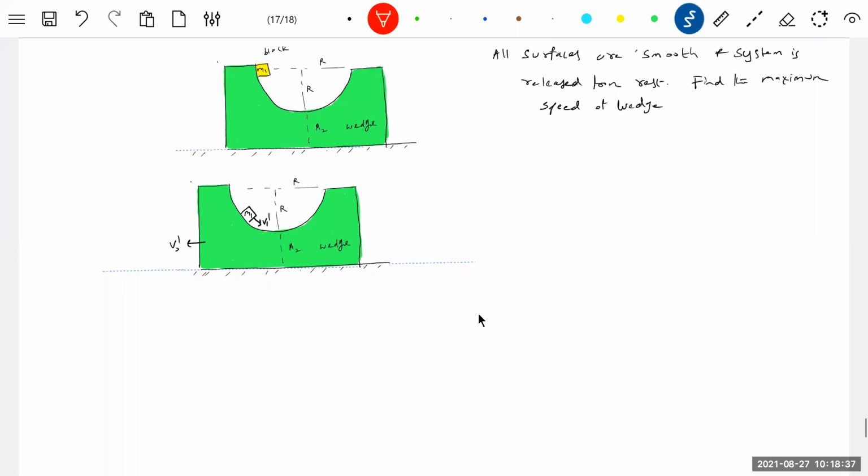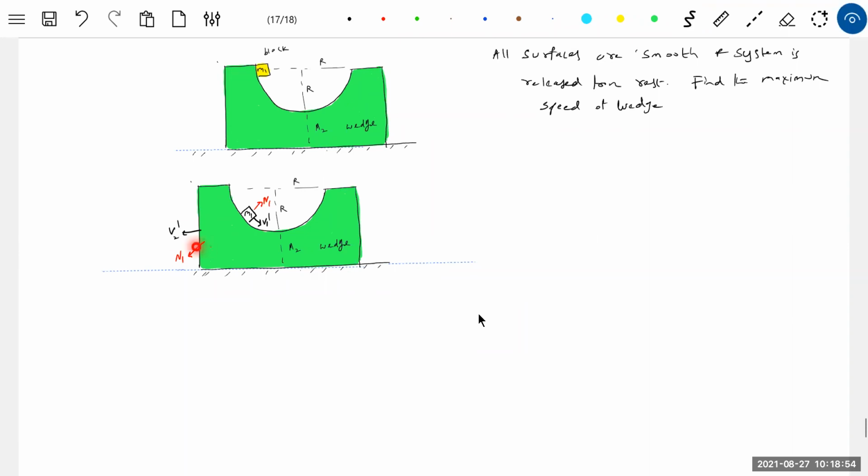What are the forces acting? Let me show only the normal contact. N1 on the wedge. Why should the wedge move back?